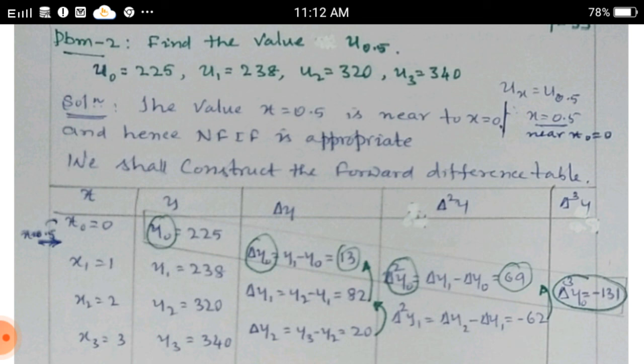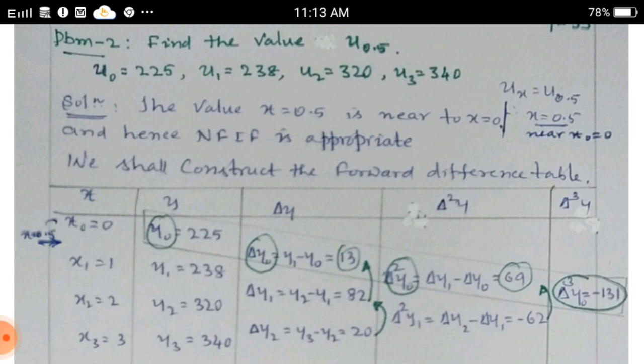What is x? The point at which y is required is 0.5. x0 is the initial point, the first value of x in the first half of the table, that is x0 is equal to 0.